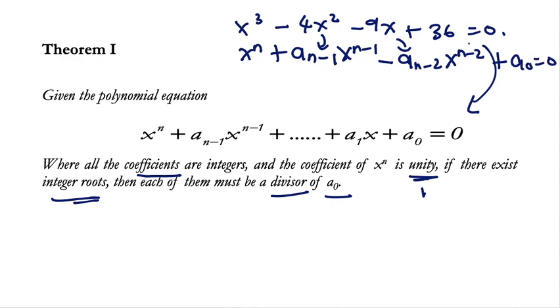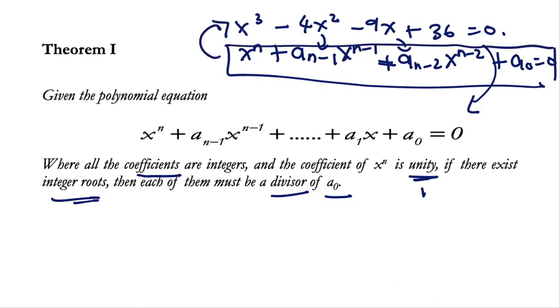So a_0 is 36, x to the power of n is x cubed, a_(n-1) times x^(n-1) is actually minus 4x squared, and a_(n-2) times x^(n-2) is actually minus 9x. Is it clear? So this is the generic form.